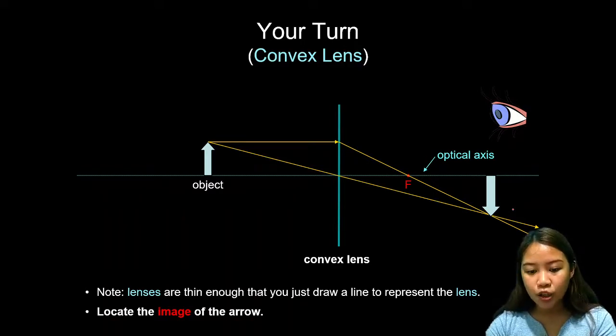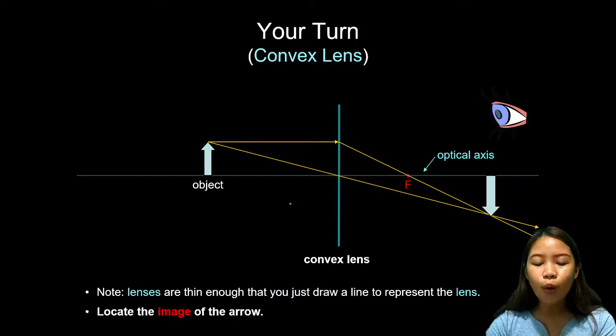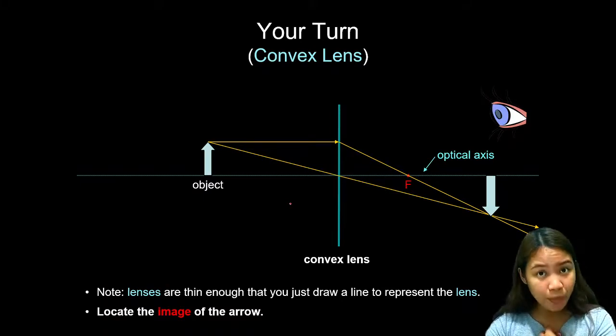Again, in this case, the focal length is shorter compared to the DO, and this is for the convex lens. Is it clear? I hope you understood.